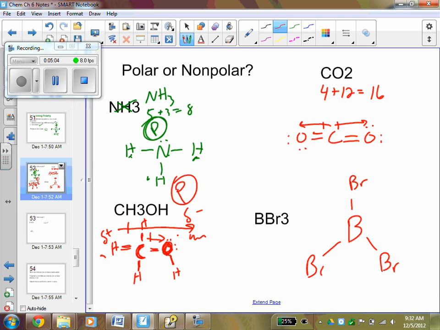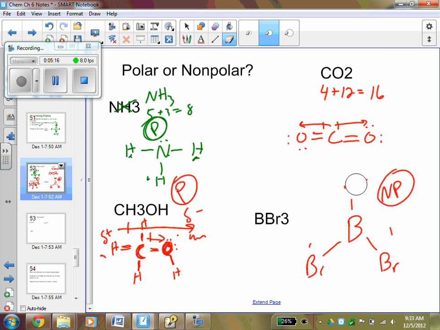And trigonal planar molecules, when I have three equal bonds, 1, 2, 3, are going to be nonpolar. Okay, and again, just to make the argument, all I've got to do is change this now to F, and I now have a polar molecule. So again, geometry, in this case, the trigonal planar molecule with three equal bonds gives us a nonpolar molecule.